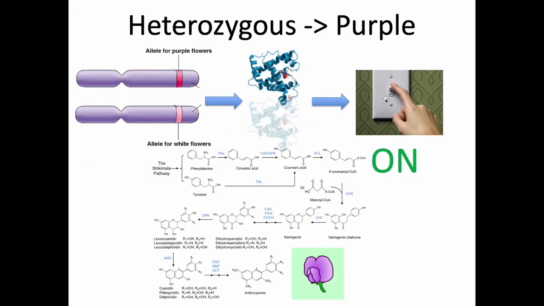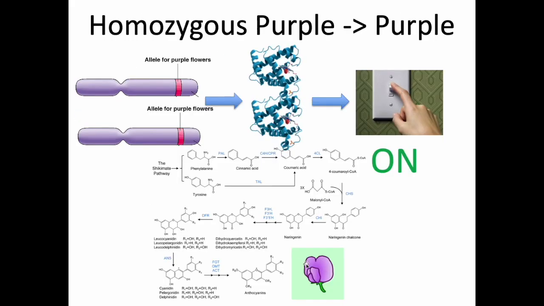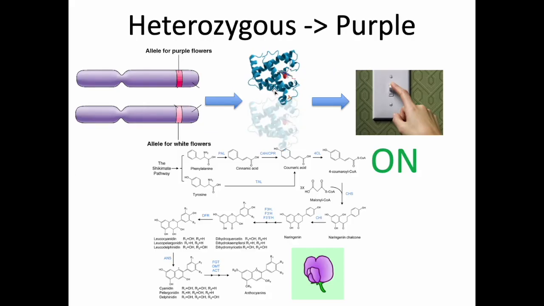It's going to get turned on just as much as it was turned on with 2 purple alleles, and you're going to have activation of this pathway. Cells are going to build anthocyanins. Flowers are going to look purple. They're going to look just as purple as they did with homozygous purple because either the pathway is on or it's not on. It can't be more on because there are more of this protein. It's just as on as it was in either of these circumstances.